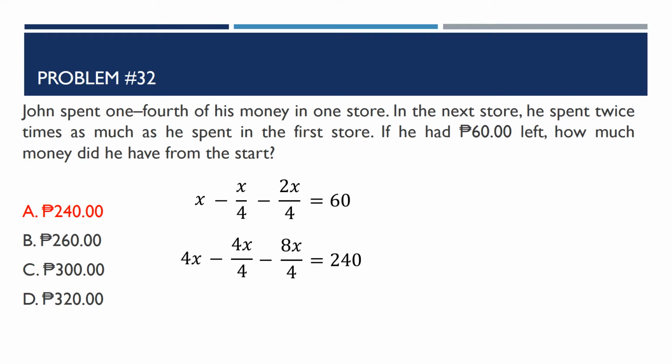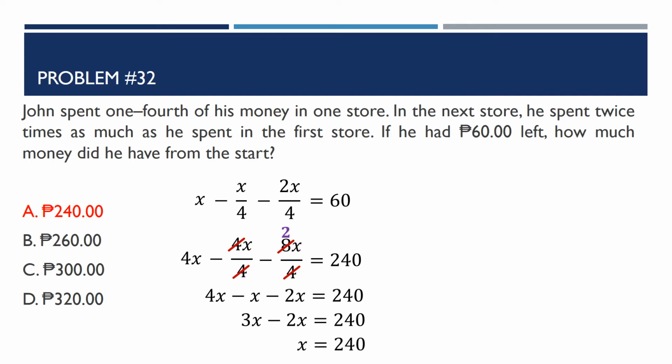Then we cancel out 4 and 4, and also 8 and 4 because 8 can be divided by 4, which is 2. So what's left is 4x minus x minus 2x equals 240. Then we simplify: 4x minus x is 3x, and then 3x minus 2x is x. So the answer is 240.